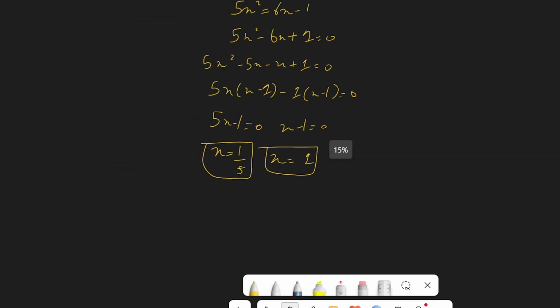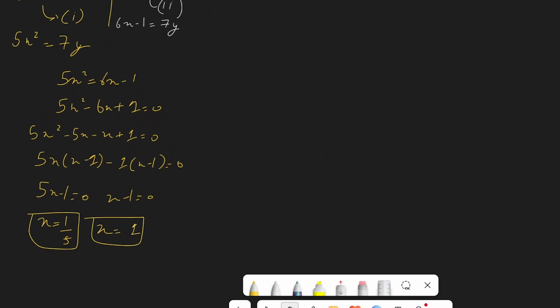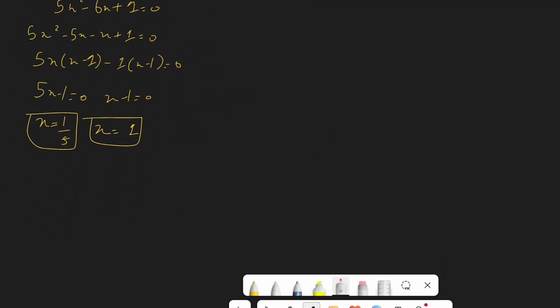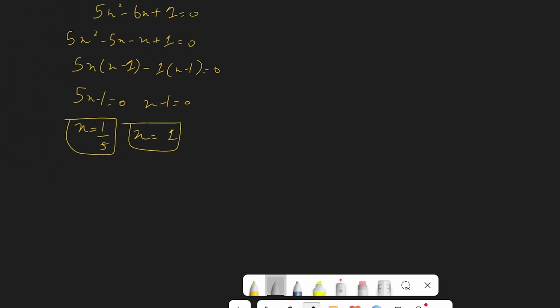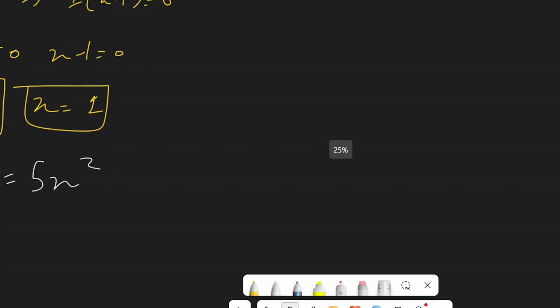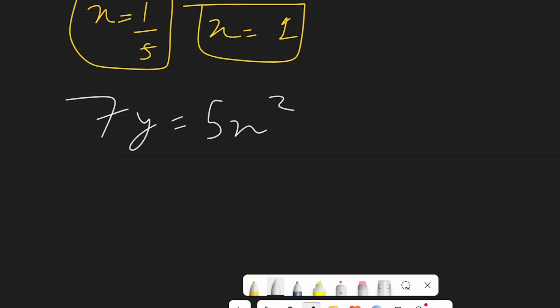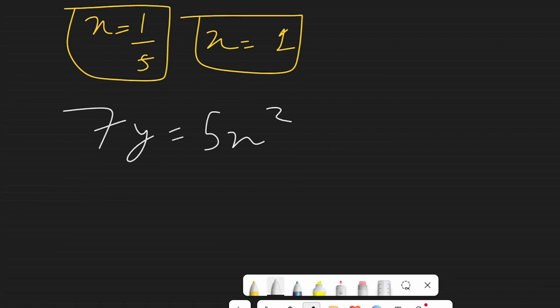Now let's solve for y. We saw that 7y is equal to 5x². We'll just write it over here: 7y = 5x². Now we can put both values of x over here.